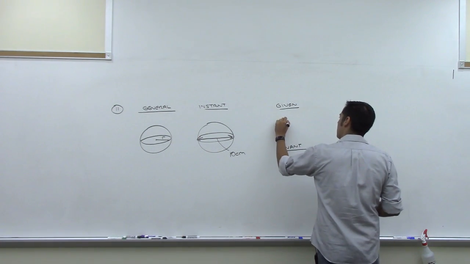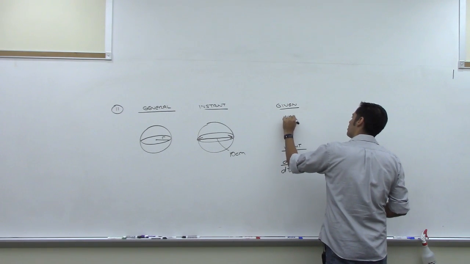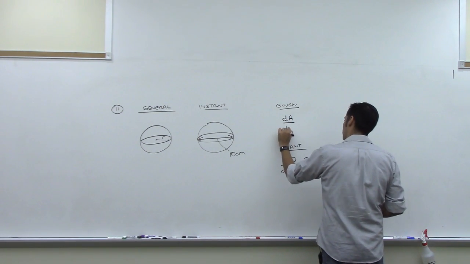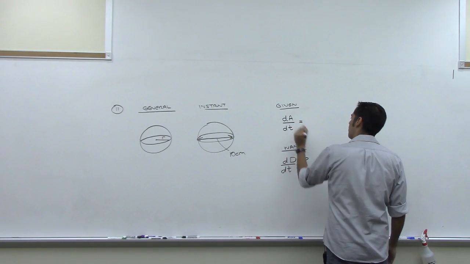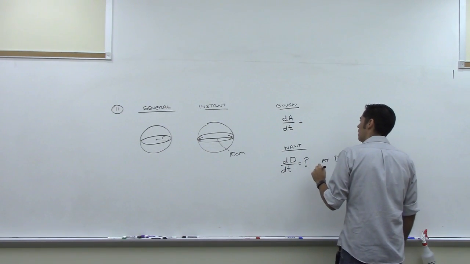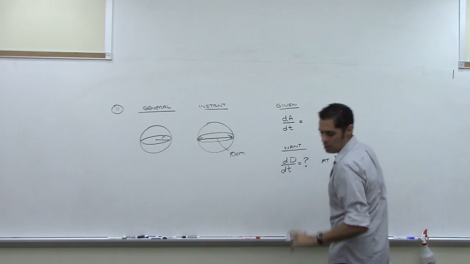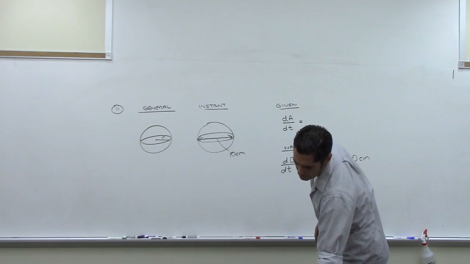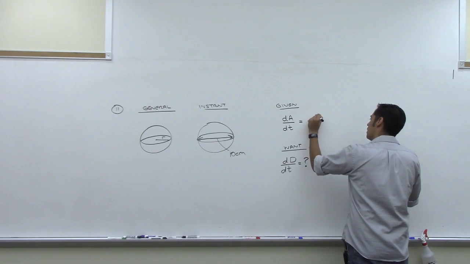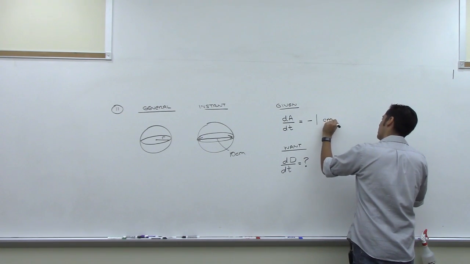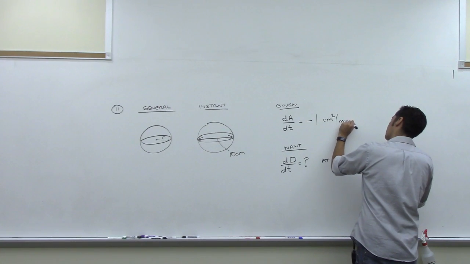So the rate at which its surface area, I'm just going to put A, and not surface area, just area, and we understand it means surface area. The rate at which it's decreasing is 1 centimeter squared per minute. Now it's decreasing, so I'm going to put -1 centimeter squared per minute.